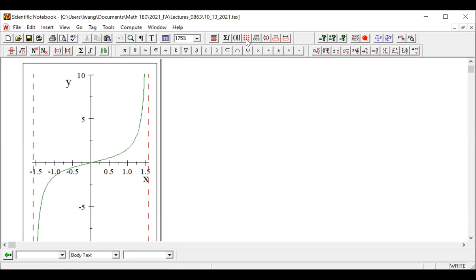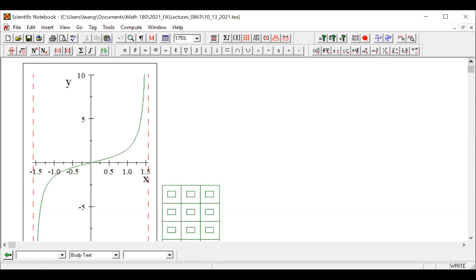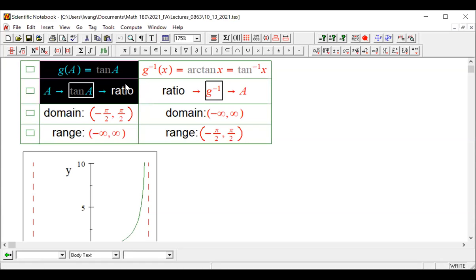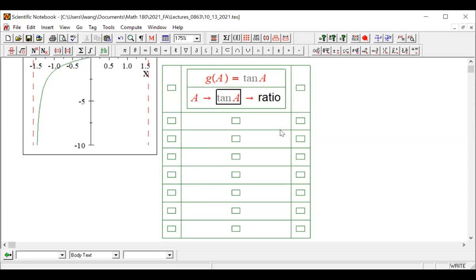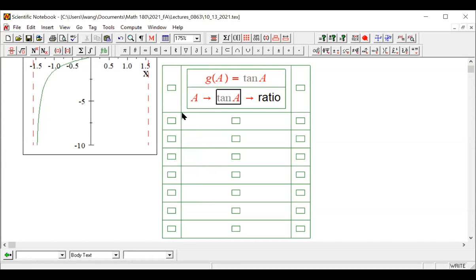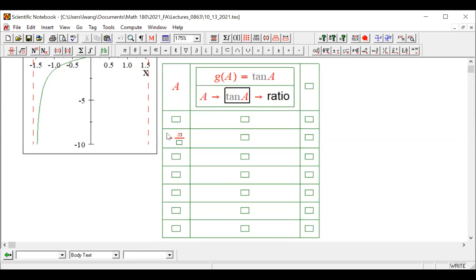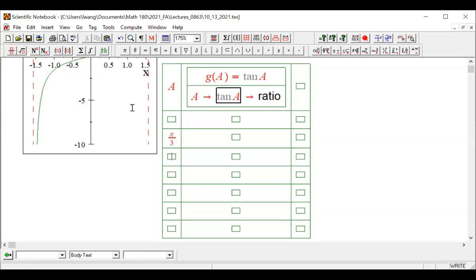So I'm going to introduce a table about G. I'm going to give you some values for A, and you're going to produce the output for G. Let's do positive values first, since positive is easier to start.